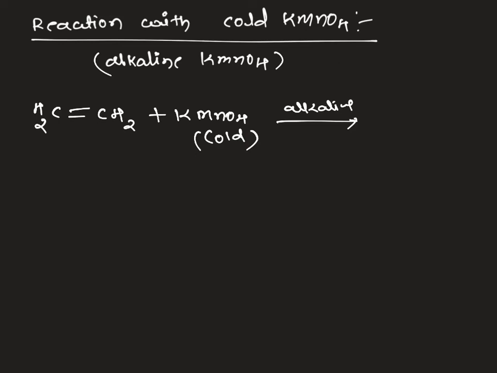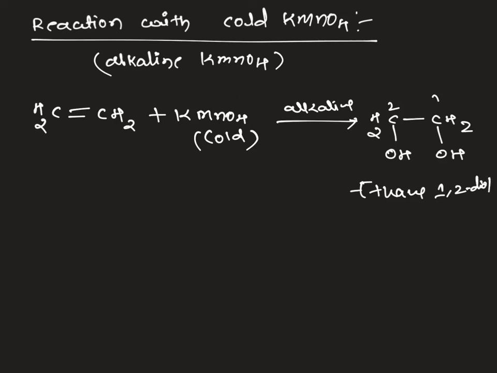The reaction will stop at a mild stage, that is, it undergoes dihydroxylation. Two OH groups are attached to the double bonded carbons. As a result, we get dihydroxy compounds. So it is ethane-1,2-diol. The reaction progresses in this fashion.